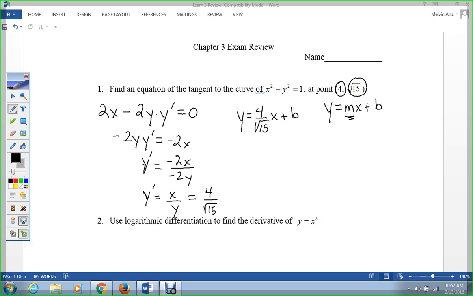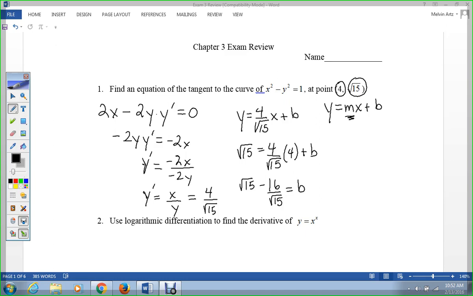Now to find the y-intercept, we're going to plug in that point, which would be on the line as well as on the curve x squared minus y squared equals 1. So the y value would be the square root of 15, and the x value would be 4. So if we subtracted, we would get the square root of 15 minus 16 over the square root of 15 equals our b.